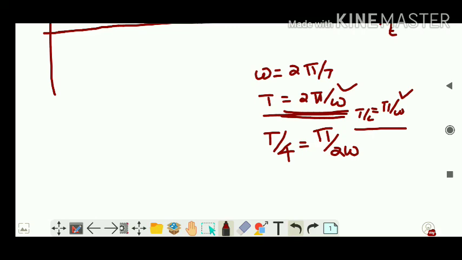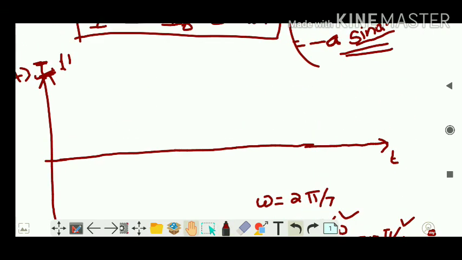Let's move on. And what will be 3? Okay, let's move on with this one itself. I'm marking it, okay? Let's make this one as large one.